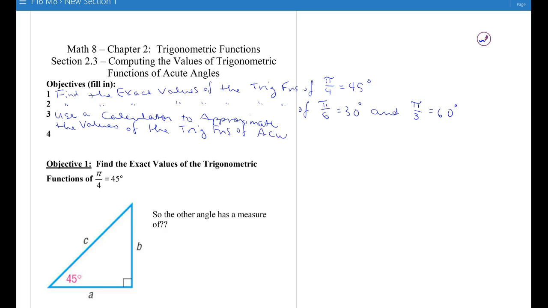So this is of other acute angles, not these special ones. And the fourth objective is going to be to model and solve applied problems. In this section, it's going to be involving right triangles, because those come up a lot, because as soon as you have horizontal and vertical, you have right triangles being formed.